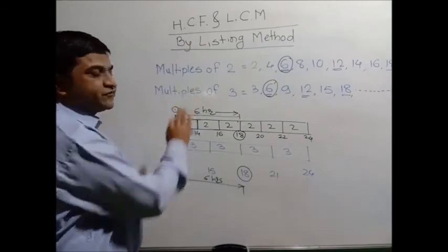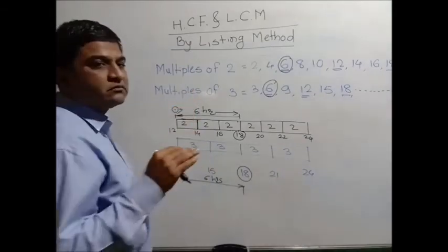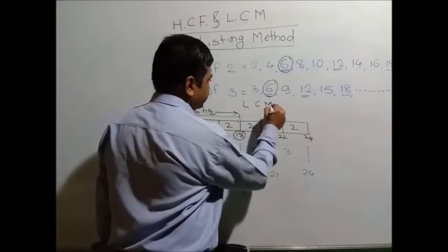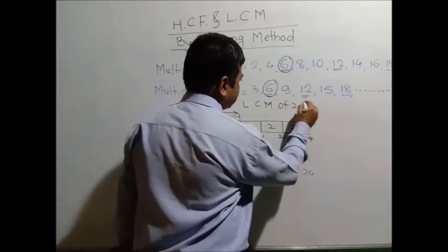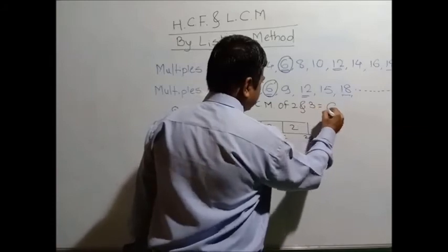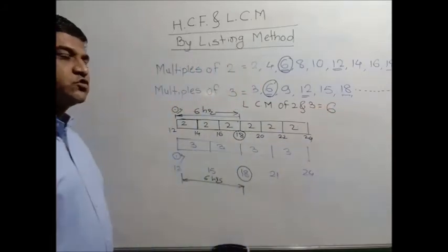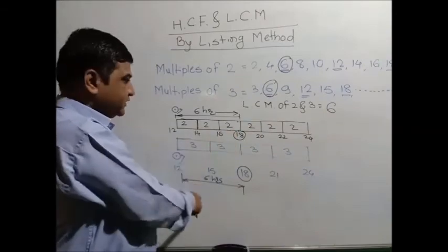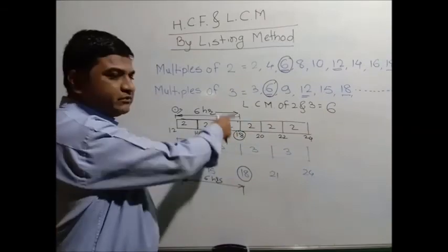So by just finding the LCM, we say that the LCM of 2 and 3 taken together is 6. So every 6 hours the bells are going to ring at the same time, simultaneously.